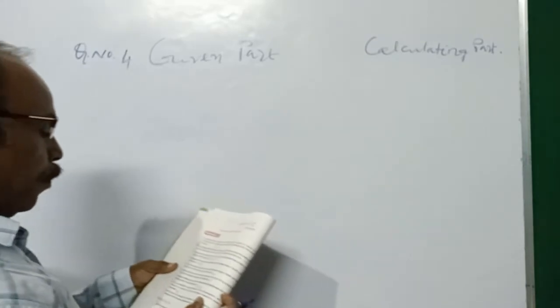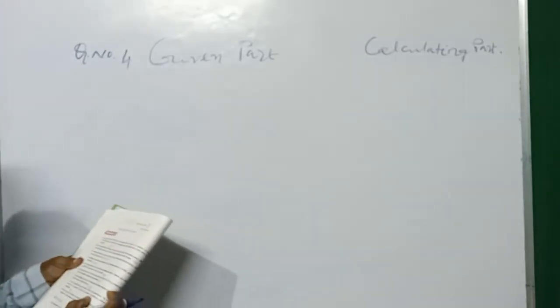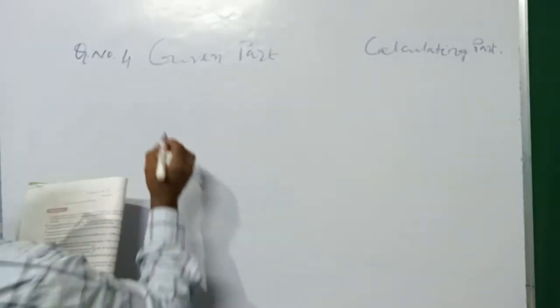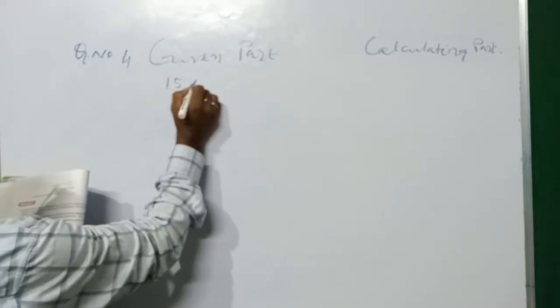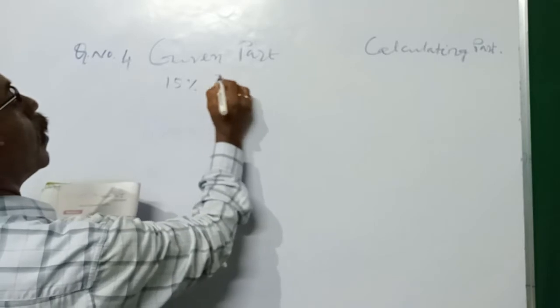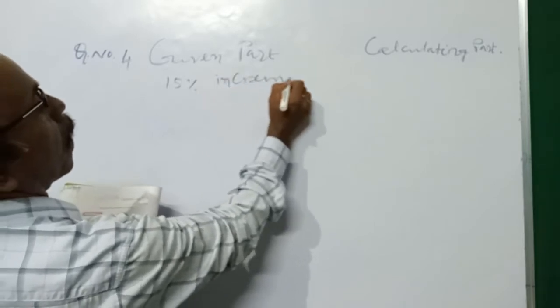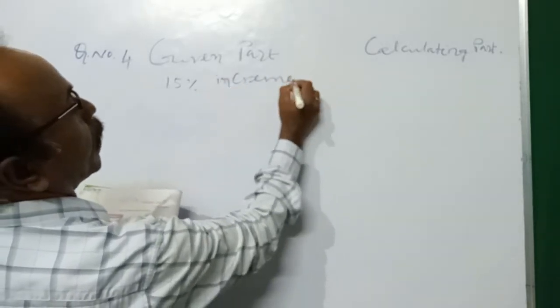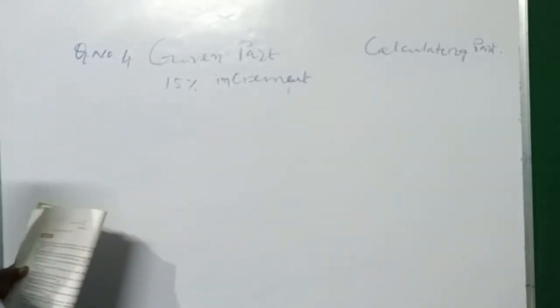You see, given is a 15% increment. Am I clear?